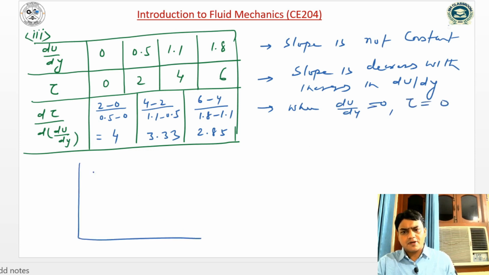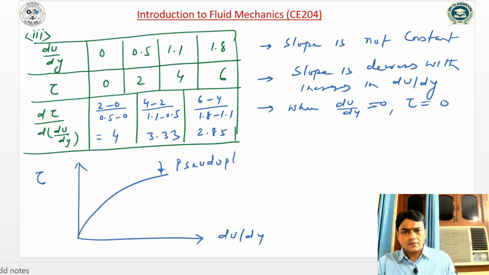So this is the example, with shear stress and du by dy, where the intercept or initial yield stress is 0 and the slope decreases. So this is the example of a pseudoplastic. When du by dy increases, the slope decreases. So it is the example of a pseudoplastic.